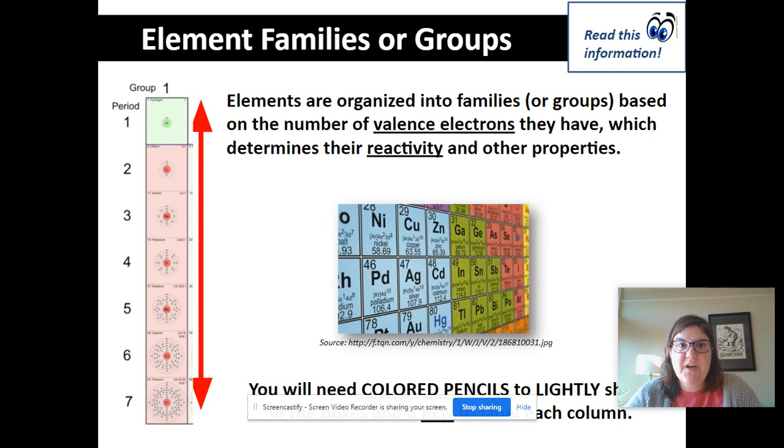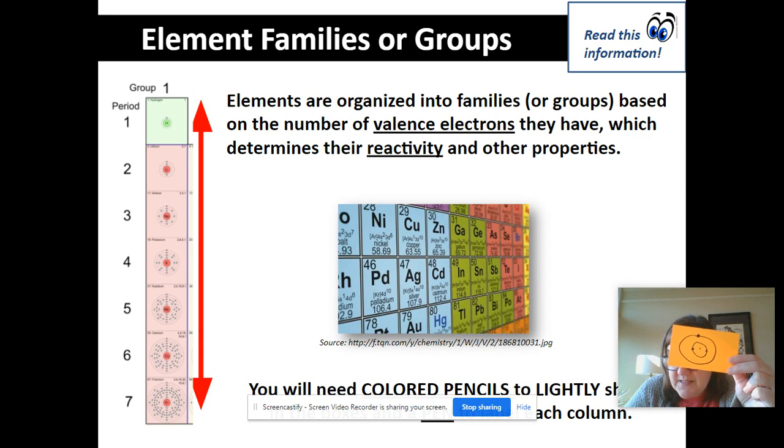Okay, so first let's start here. Elements, families, or groups. Those are those vertical up and down columns, right? So elements are going to be organized into families or groups based on the number of valence electrons. And if you remember, that is how many electrons are on that outside shell. So if I'm drawing an atomic model, this is going to be lithium, right?